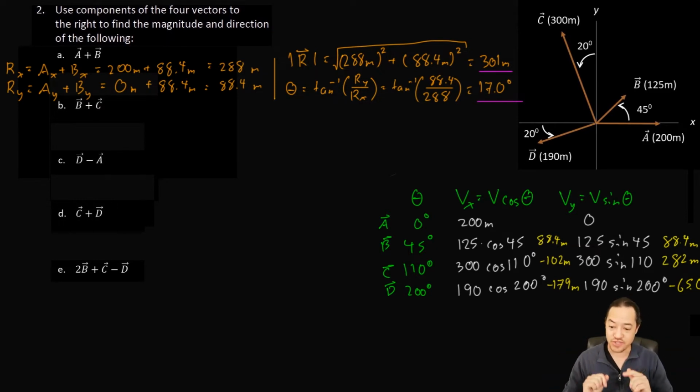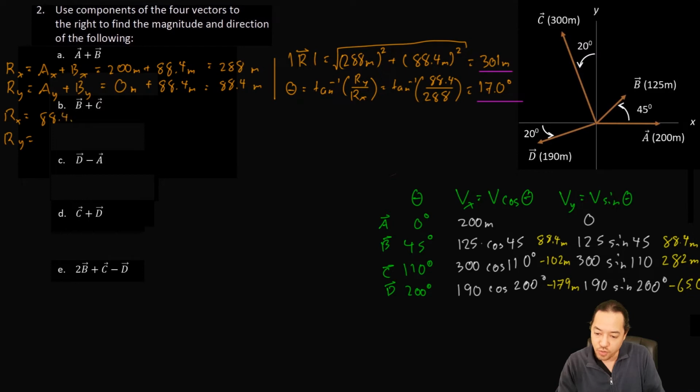Okay, now we're going to do the same thing for the next couple of problems here. So for B, we're going to have r sub x and r sub y, right? So r sub x is equal to B sub x, which is 88.4, plus C sub x, which is going to be negative. So we're actually going to subtract 102 meters.